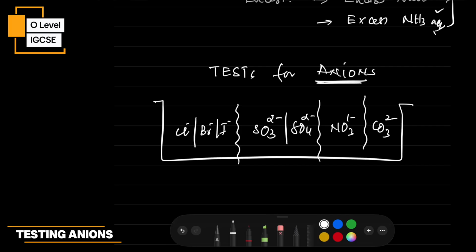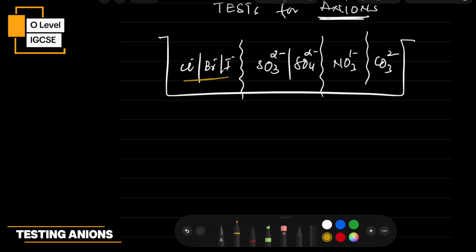So halide ions are detected with the help of aqueous silver nitrate. But in step number 1, we add dilute nitric acid to almost all these anion samples except nitrate ion. So the first step is to add dilute HNO3.